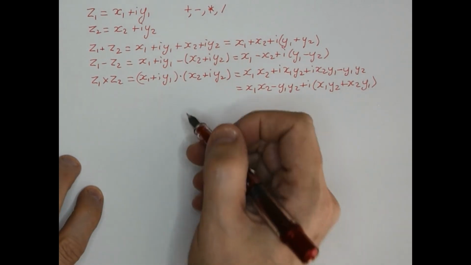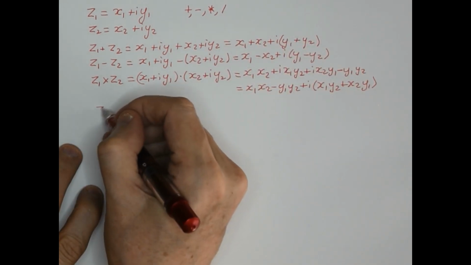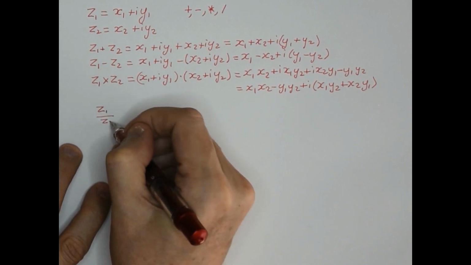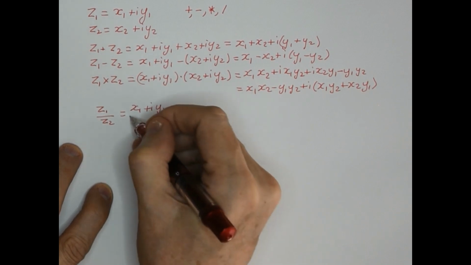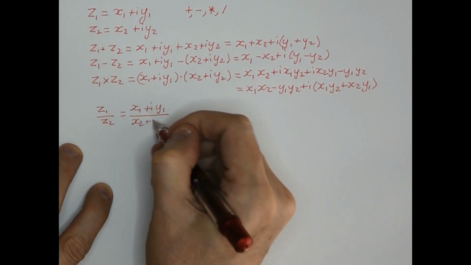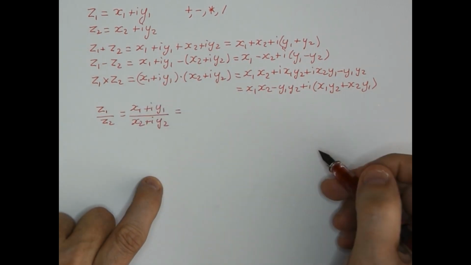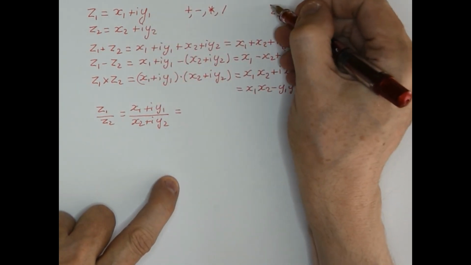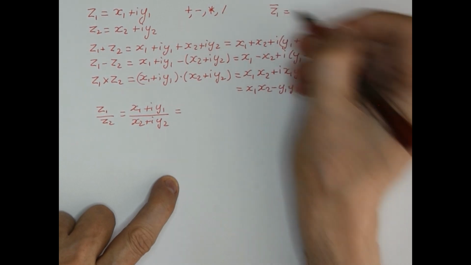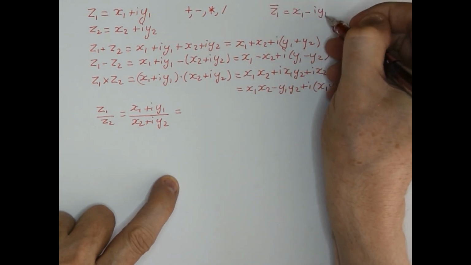Let's now try to divide two complex numbers and try to simplify that. z1 divided by z2 equals (x1 + i y1) over (x2 + i y2). Now, in order to simplify this, we need the concept of complex conjugate. The complex conjugate of z1, which you usually write with a bar above, is x1 - i y1.